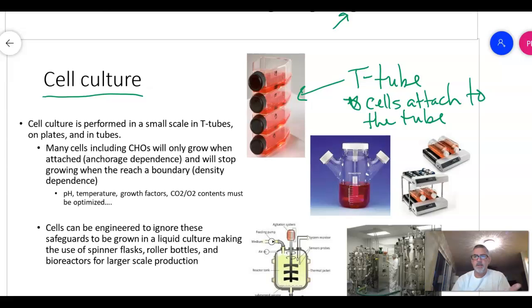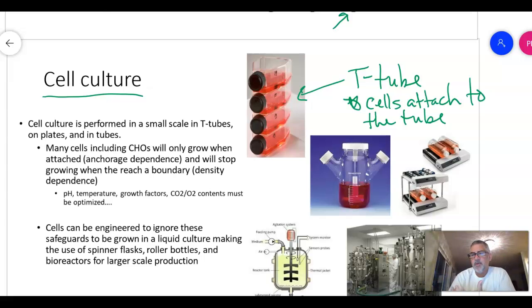In your body, cells usually will only grow when they're attached to something. That's called anchorage dependence. And they'll grow until they meet another cell and they'll stop. That's called density dependence, and it's a safeguard to help prevent cancers. So when we start cells, we may start them in T-flasks.